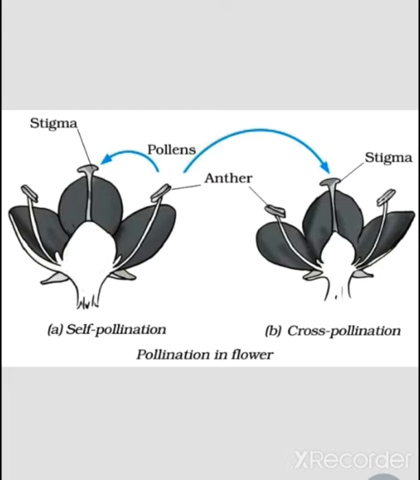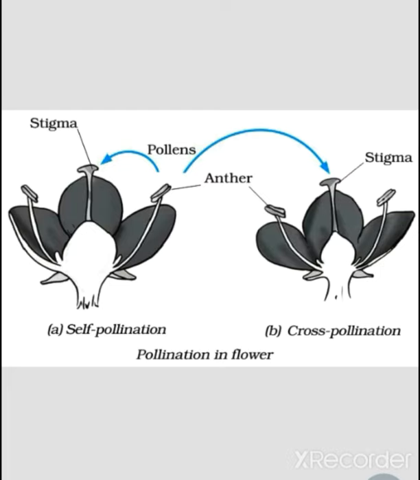It could be anything that is suitable for a particular species, plant, flower shape, size and type of flower. These external transporters of pollen grain are called pollinating agents.